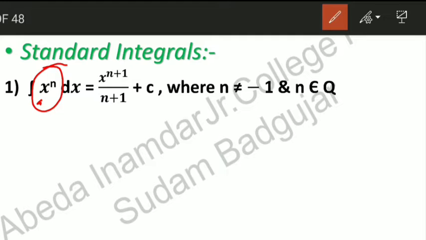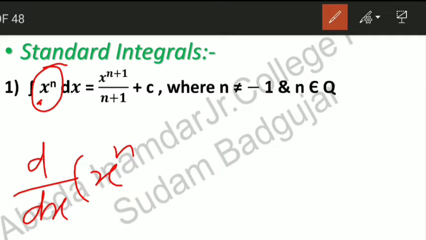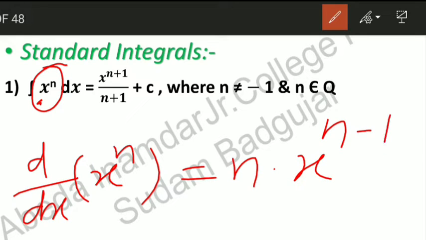What about the derivative? The derivative of x raised to n is equal to n into x raised to n minus 1. Okay, it is a reverse process while taking integration. See, in the derivative the power is a multiple, and in integration the power is in the denominator, whatever the power of x may be.